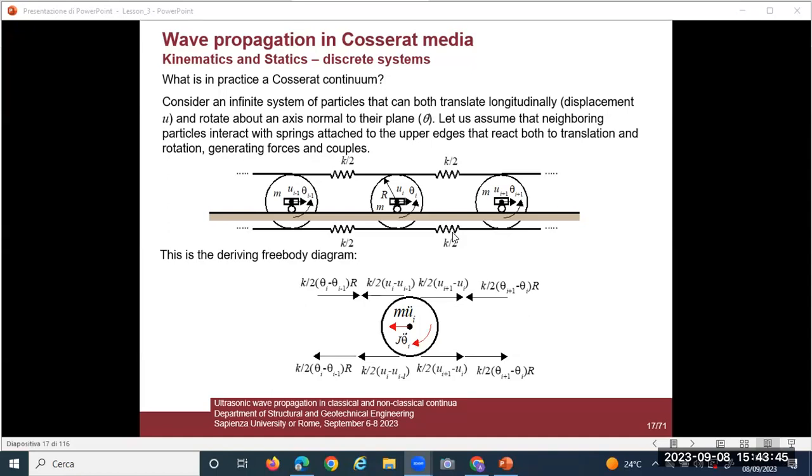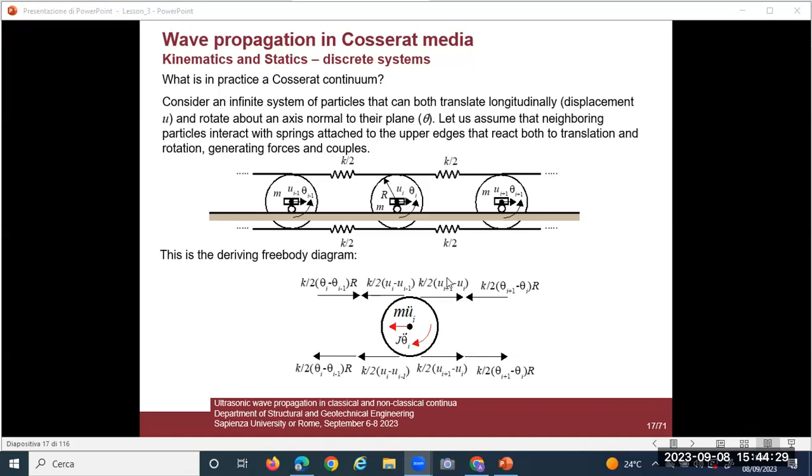So if the particle just moves horizontally, the two springs are stretched or elongated, and these are the reaction forces that act on the particle. You see k half times u sub i plus 1 minus u sub i. Okay, so this is the part of the reaction force just due to the stretch of the springs.